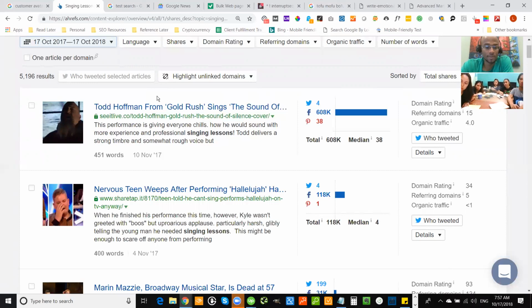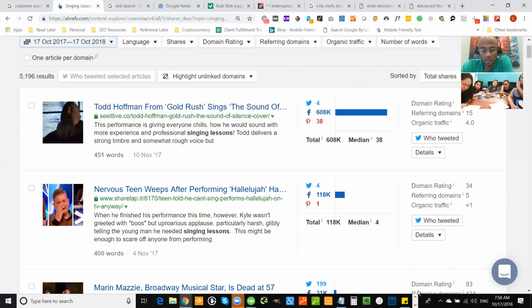That would be a good topic because not only is it relevant to your audience, but it references a celebrity, so people would click on it just because of the celebrity. That's one way you can figure out what's trending on the web for your keyword.